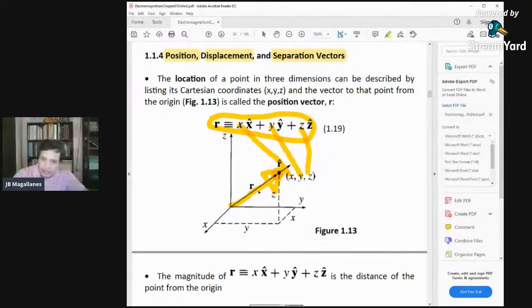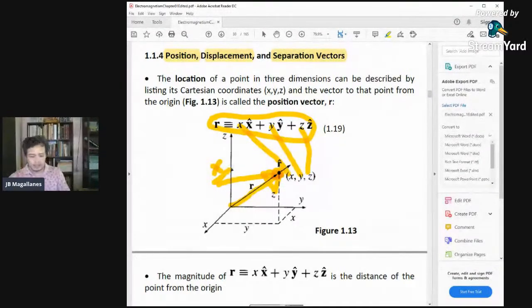So this is the position r, and it has components x, y, z in three dimensions. If you draw it like this, this is the x, this is the y, and of course this is the z.